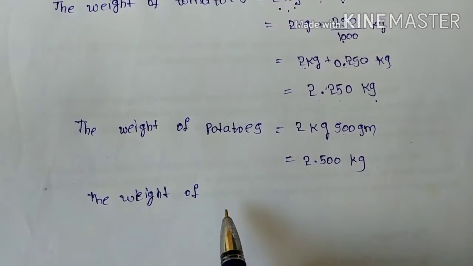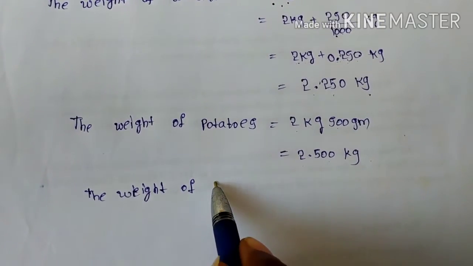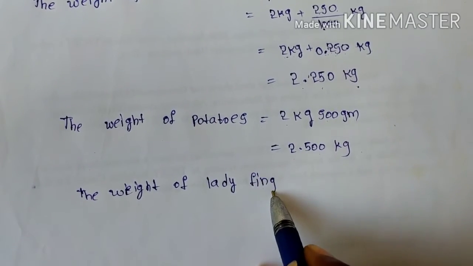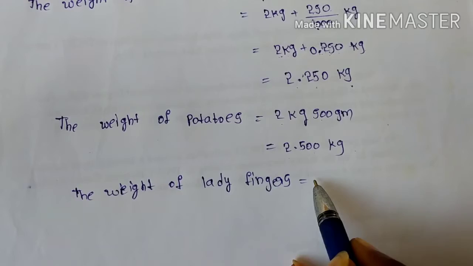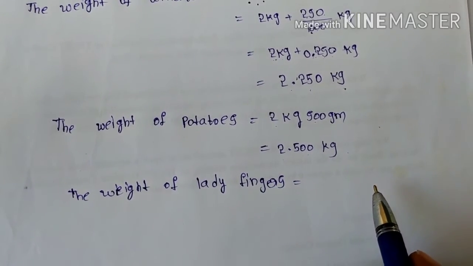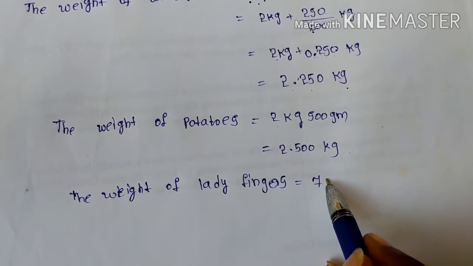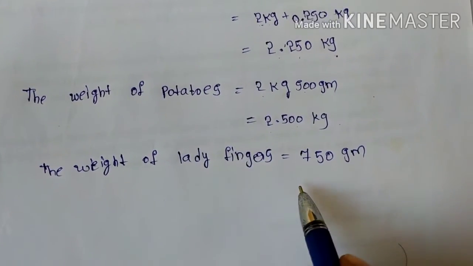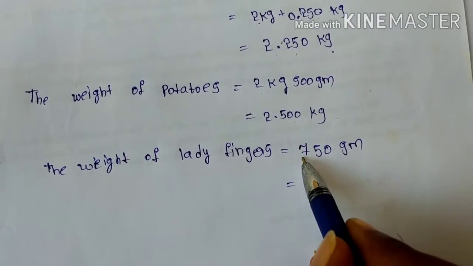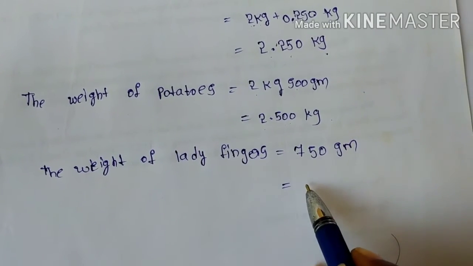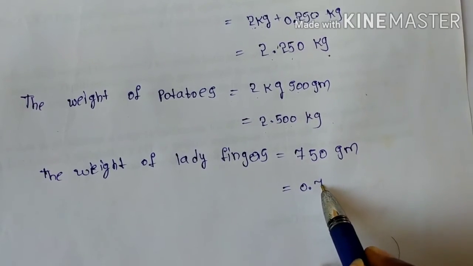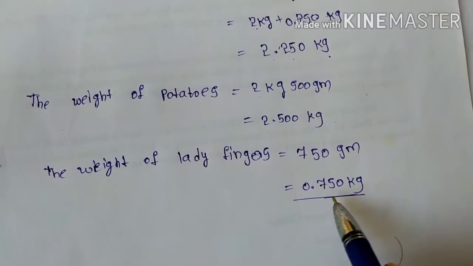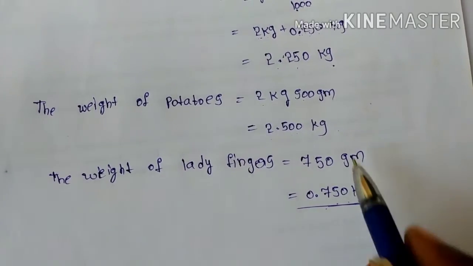In the similar way, next, ladyfingers. Already they mentioned here 750 grams. 750 grams means just you can put a decimal point before 750, 0.750 kilogram. Just very easy. Yes or no?